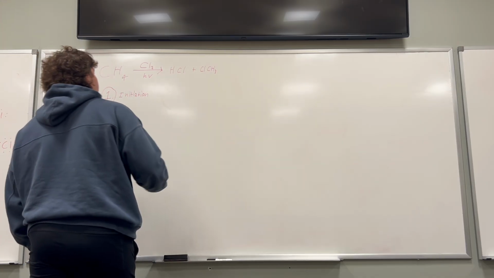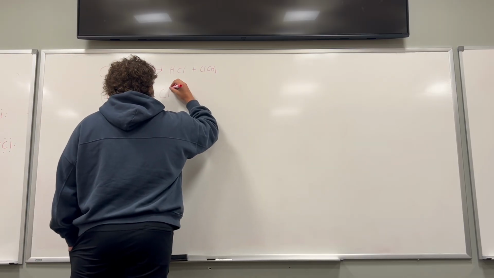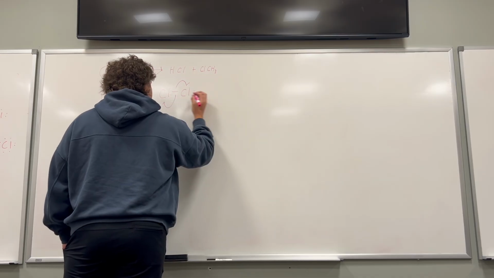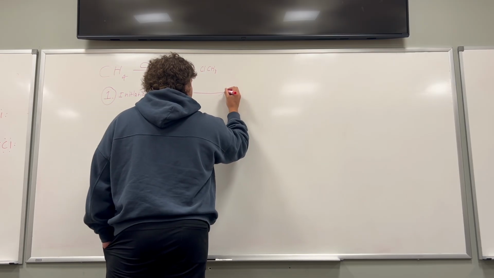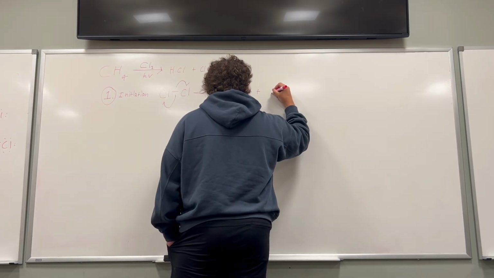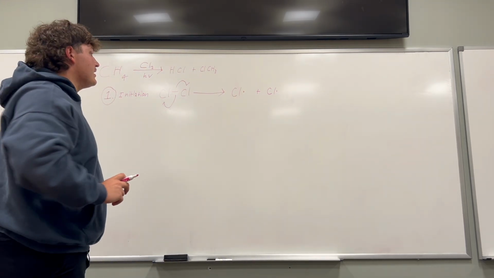In this step, this Cl2 is going to split apart, and that's going to give us two Cl radicals, which is going to help us start the reaction.